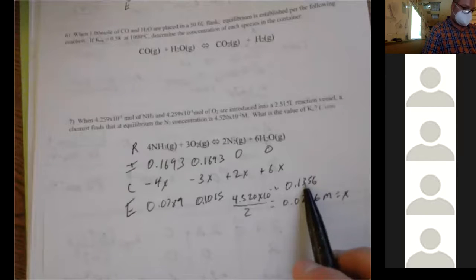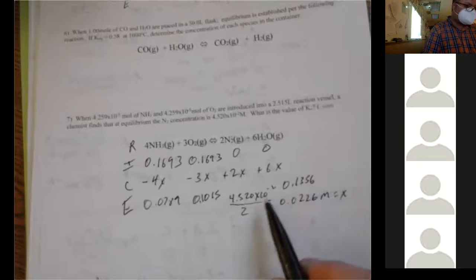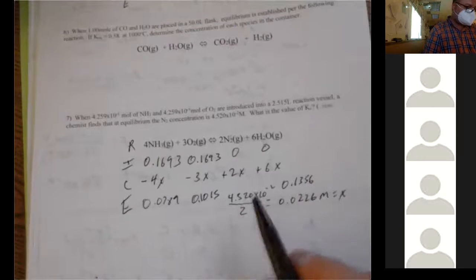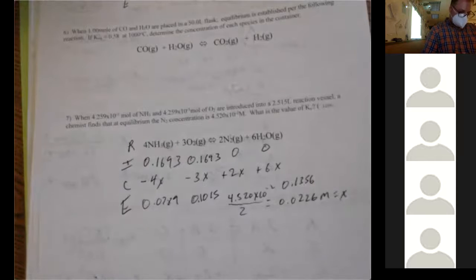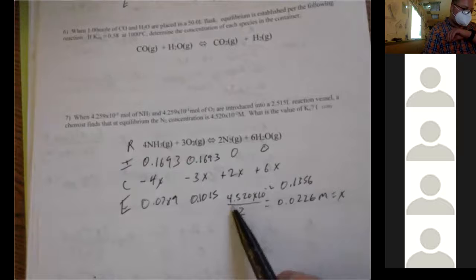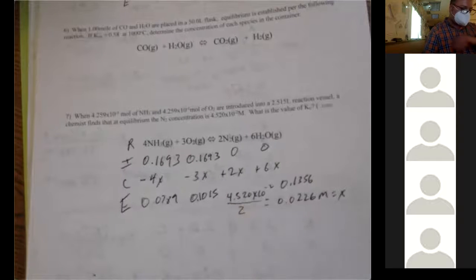But if you did 0.0452 divided by 6, you get a number, but that's not x. This is the concentration of only the N2. Oh, right. So what's 6 divided by 2? That would be 3. 0.1356 divided by 0.0452 is 3.